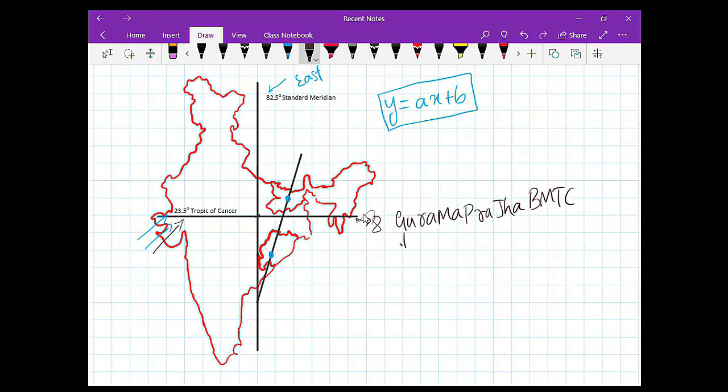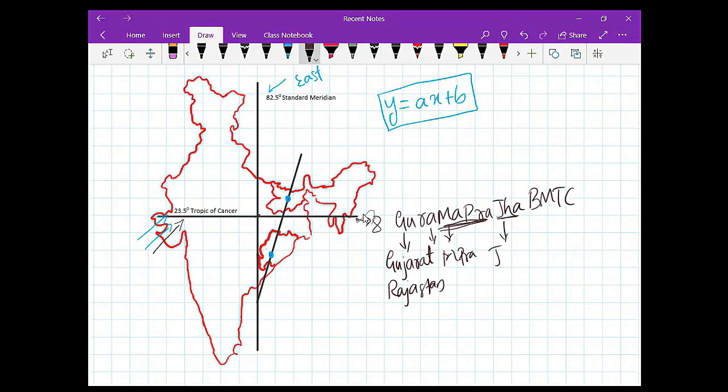Gu means Gujarat, Ra means Rajasthan, Ma means Madhya Pradesh, Ja represents Jharkhand.